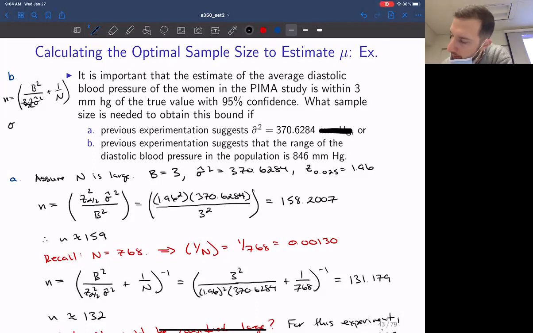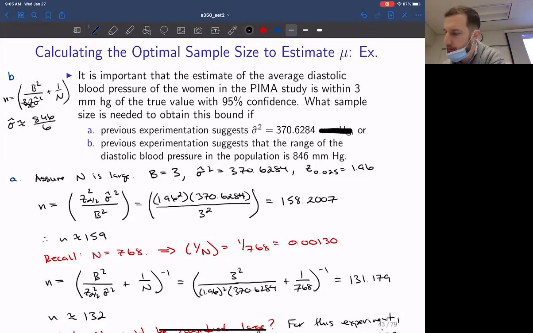So here we can say that sigma hat is approximately 846 over 6. One general rule of thumb for estimating the deviation in a population when you only have the range available is to divide the range by 4 or by 6. This can give a crude approximation of the standard deviation. So in this case, we could use 846 over 6 to approximate the standard deviation.